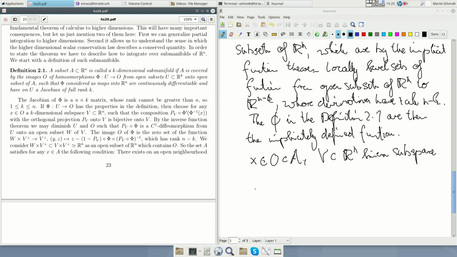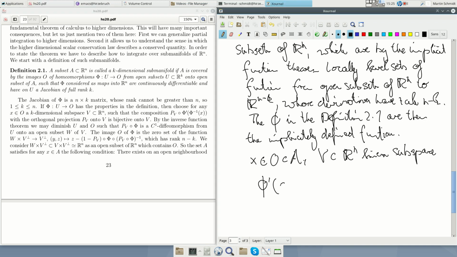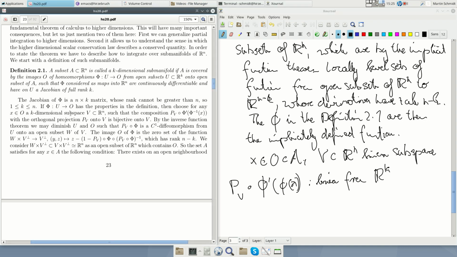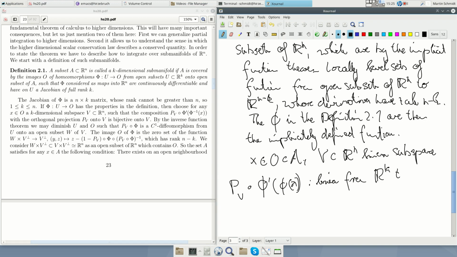Now let's recall where this map goes from. It is linear, and it goes from Rk, because U is an open subset of Rk, to V, and V is also k-dimensional.